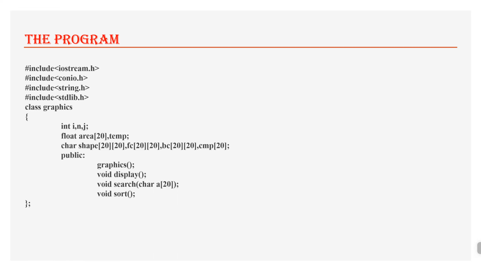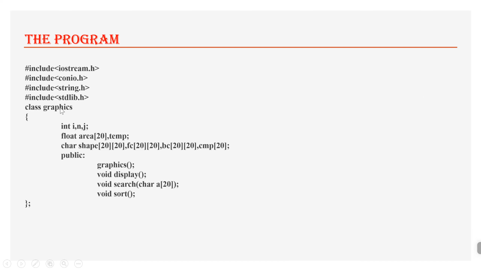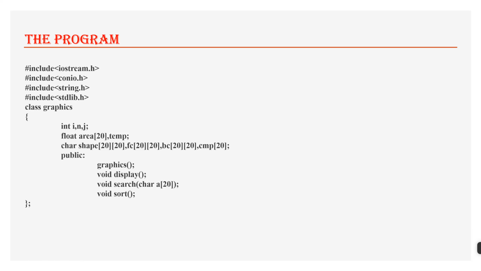Now straight away let us go to the program. So I'm defining a class called graphics. It is mentioned here: define a class called graphics. I use int, then I use a temporary variable area as float. Then I have shape[20][20], foreground color, background color, and a comparison array.